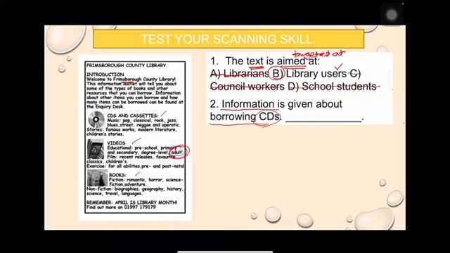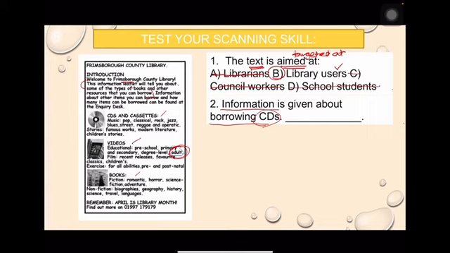Yeah, you will go back to the introduction, this part. The information leaflet will tell you about some of the types of books and other resources that you can borrow. So, books and other resources. Other resources refers to what? Yes, you're right.